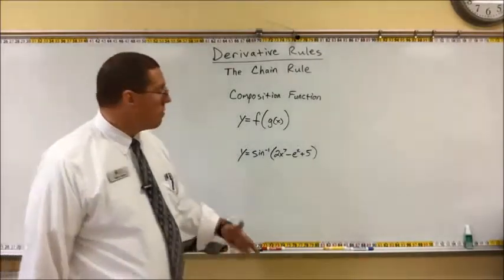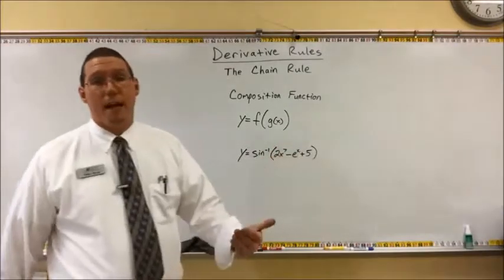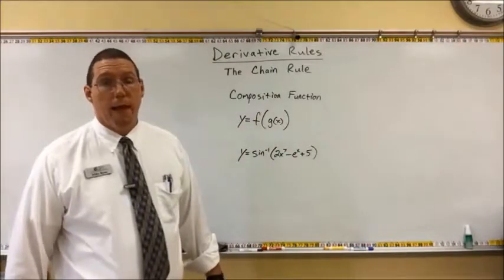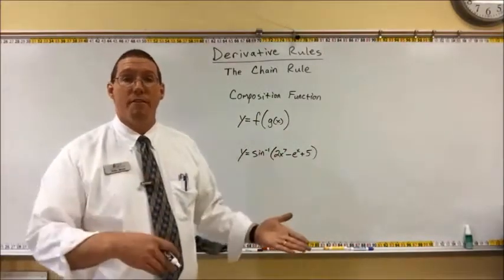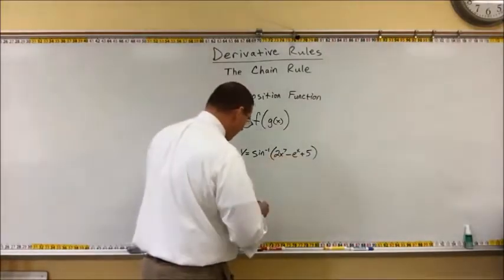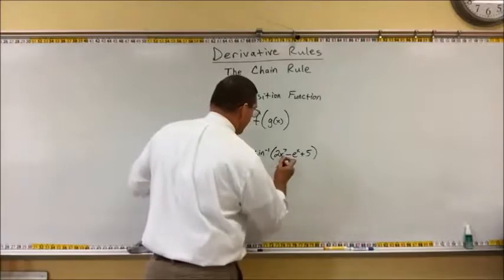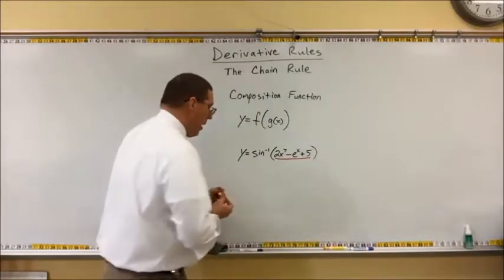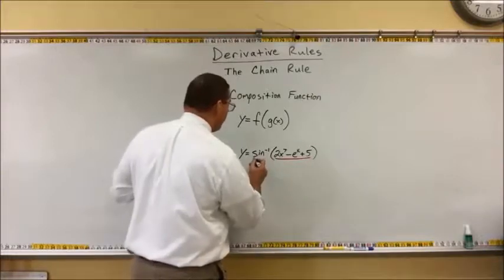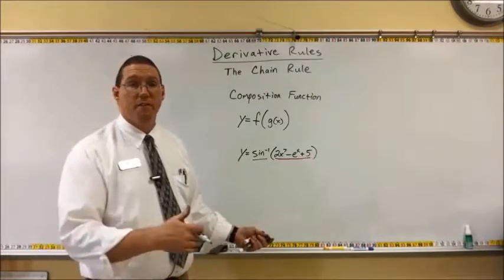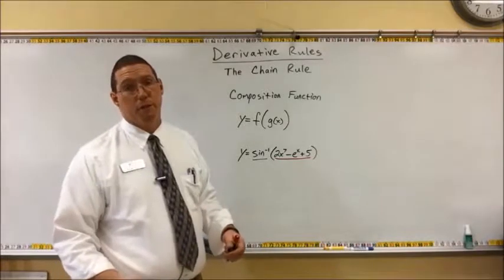Because we see something different than just x, this problem is going to require the chain rule. And let me show you how we have an inside function and an outside function. This piece right here, this is the inside function, and sine inverse, that's the outside function. We have an inside function and we have an outside function, okay?